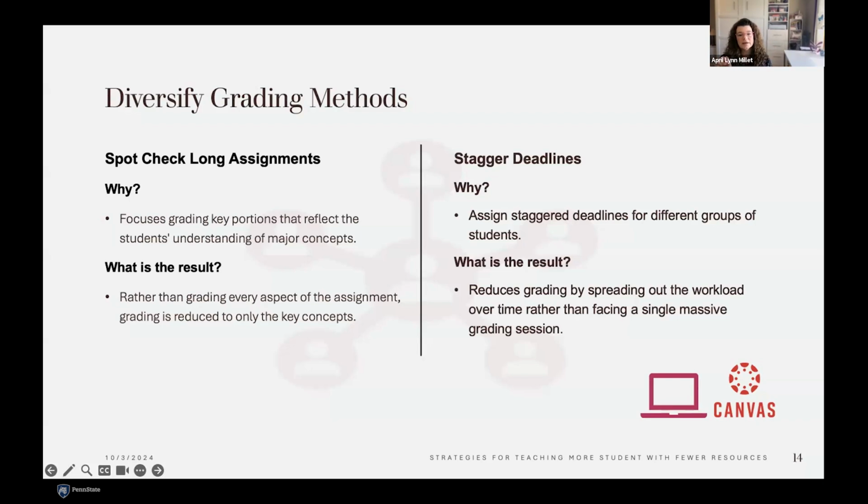If you stagger those deadlines and you give students access to what's being submitted, then students can learn from each other with what they're posting. And then you grade what was posted, and then the next week, a different group of students post something. And then the next week, a different group of students post something. And so there are a bunch of different ways that this can be done.